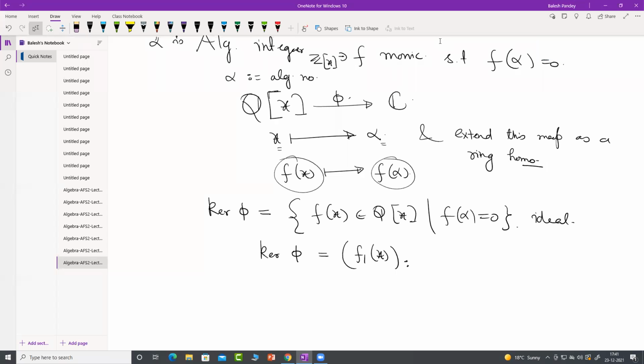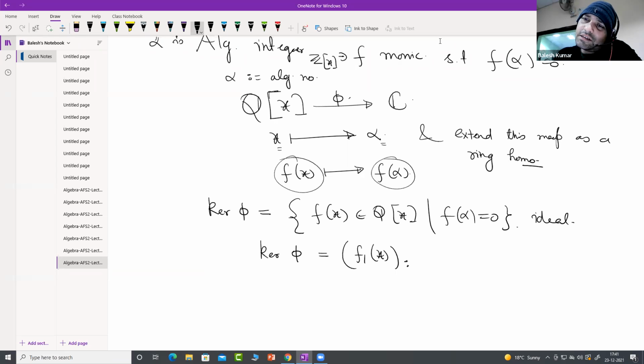Yes. As you might have seen, even in the proof that Q of x is a principal ideal domain, in order to prove that any ideal is principal, you look at the minimal degree polynomial in that ideal, and then you say that this minimal degree polynomial will generate it.